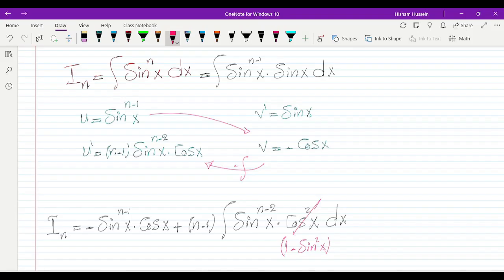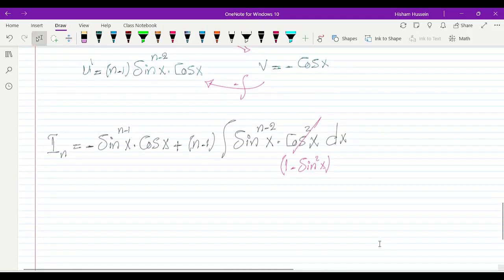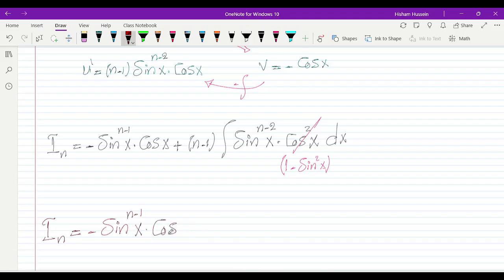And now distribute the sine to the power n minus 2 on both terms in the expression 1 minus sine squared to get at the end I_n is, the first term, keep it as it is, negative sine to the power n minus 1 x times cosine x plus n minus 1, which is common, times sine to the power n minus 2, it's the integral, we can call it I_n minus 2, minus sine to the power n minus 2 times sine squared, sine to the power n. We can replace it by I_n.